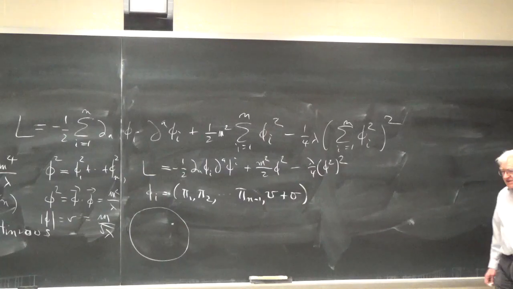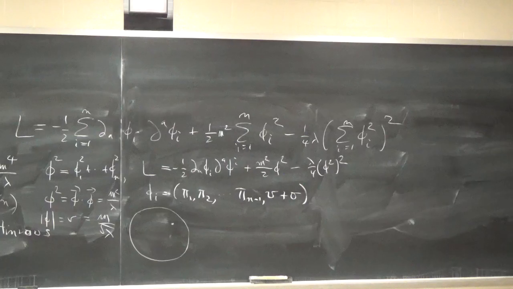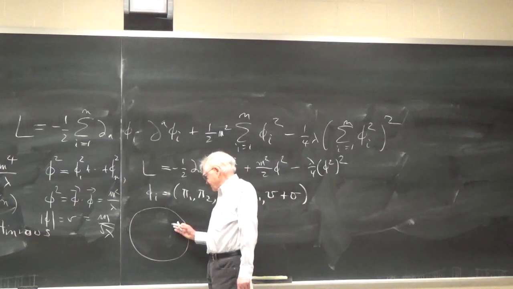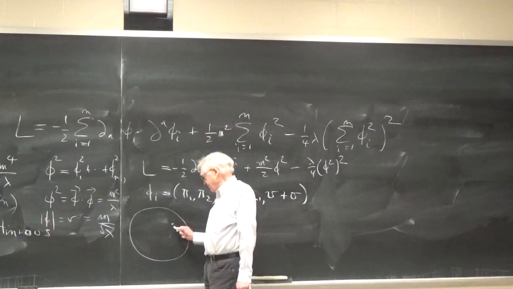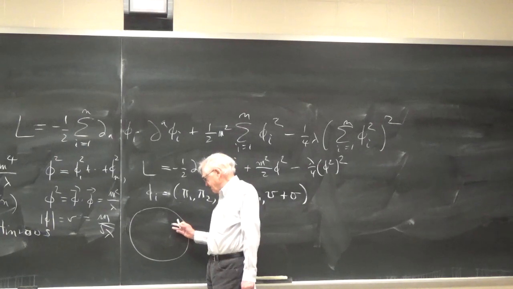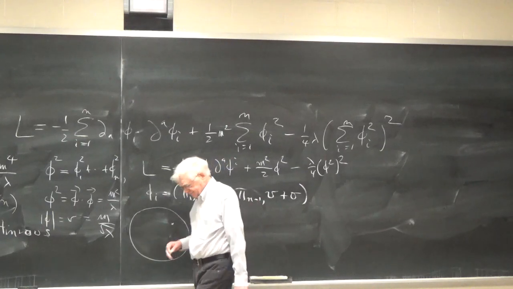The general feeling, or the belief, or let's say my belief, but I think most people believe this, is that the vacuum of the quantum theory is clustered about a point here, and it could be any point.